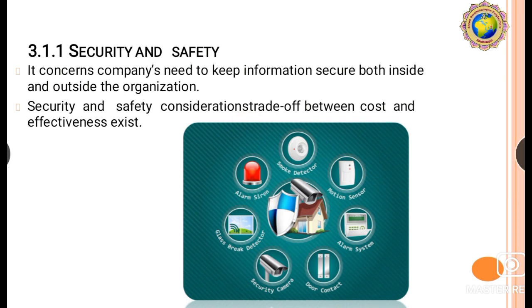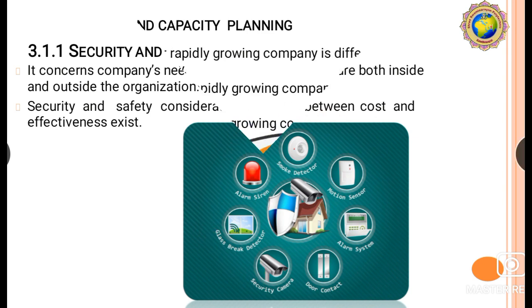This figure is about security and safety: smoke detector, second one is a motion sensor, alarm system, door contact, security camera, glass break detector, alarm siren. So these types of security, and we can also say safety, are given by an authorized person. So this is a security and safety consideration, a trade-off between cost and effectiveness.